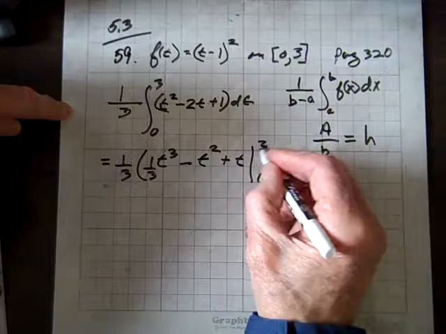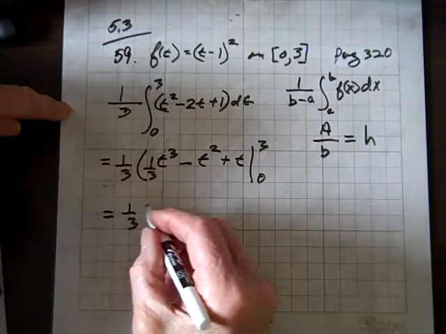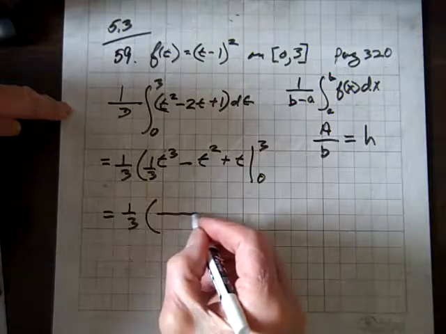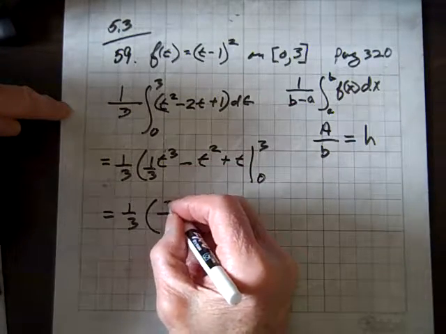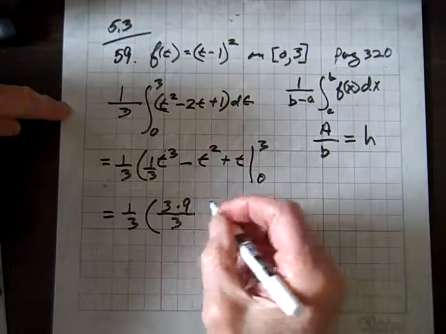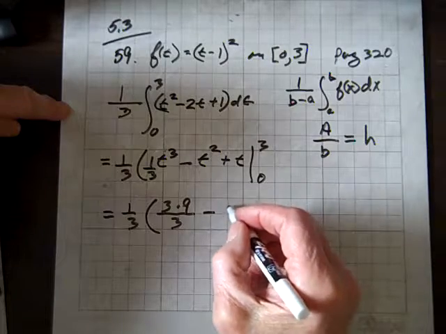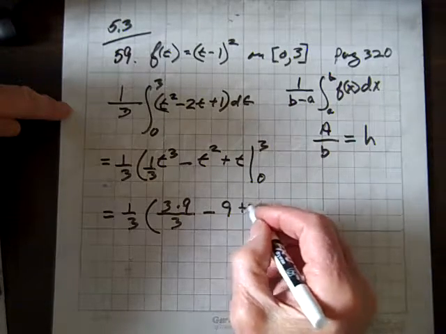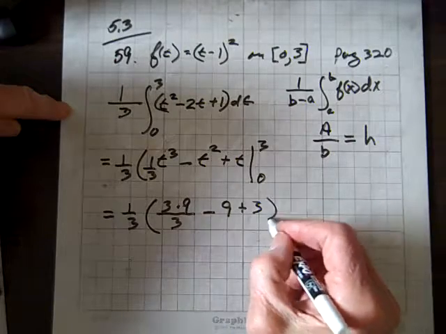And we're going to evaluate that from 0 to 3. So now we have 1/3 times t cubed. That's going to be 3 times 9 is t cubed, minus t squared, well that's 9, plus 3, and we've got it.